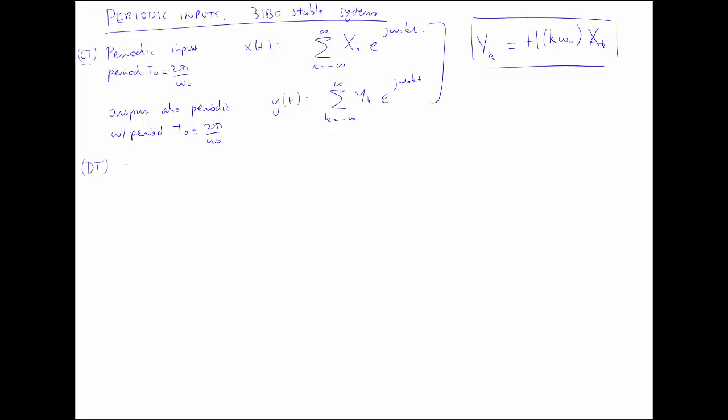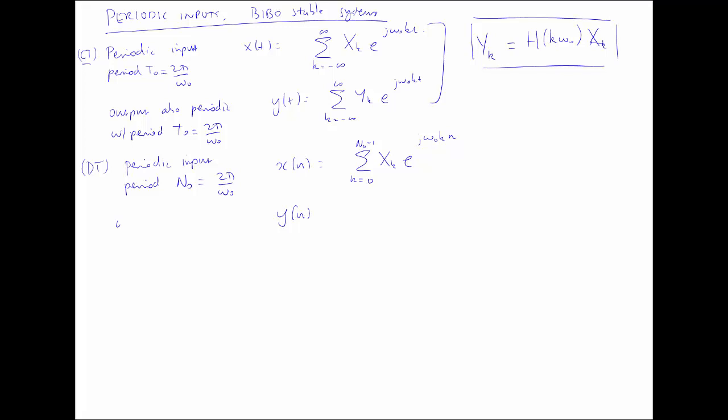In discrete time, the story is very similar. You have a periodic input with some period n0. So the input has a discrete time Fourier series expansion.